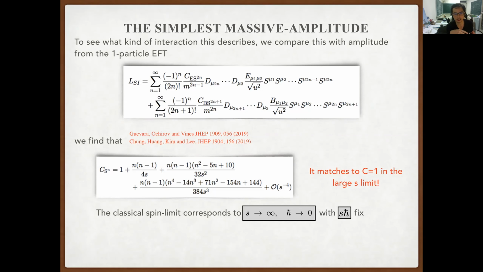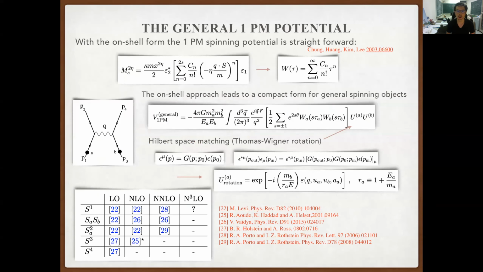If you do that, you'll find that the corresponding Wilson coefficient is given by 1 plus extra factors that are suppressed by spin. So if you take the large spin limit, the classical spin limit, where you take s to infinity and h bar to 0 with s times h bar fixed, then this gives you exactly C_S equal to 1, which is the Wilson coefficient for a black hole.